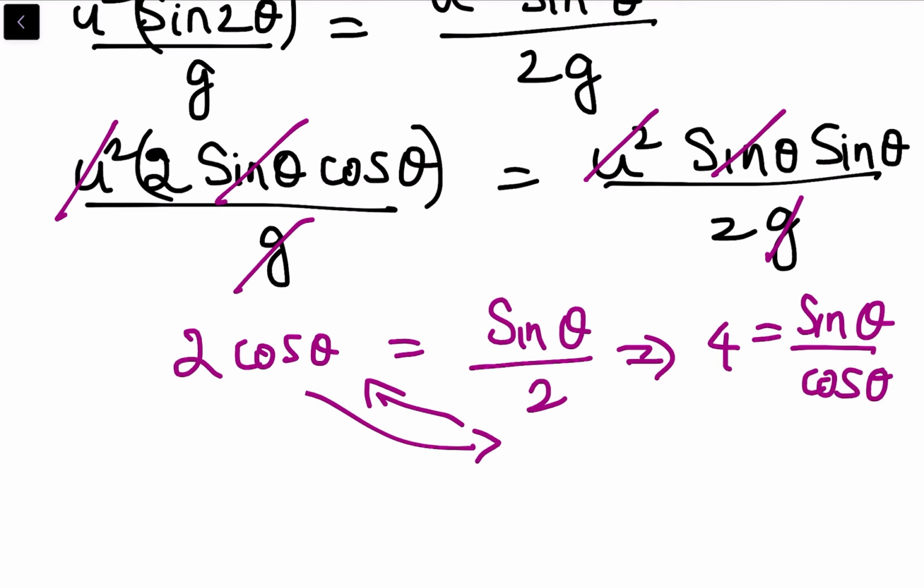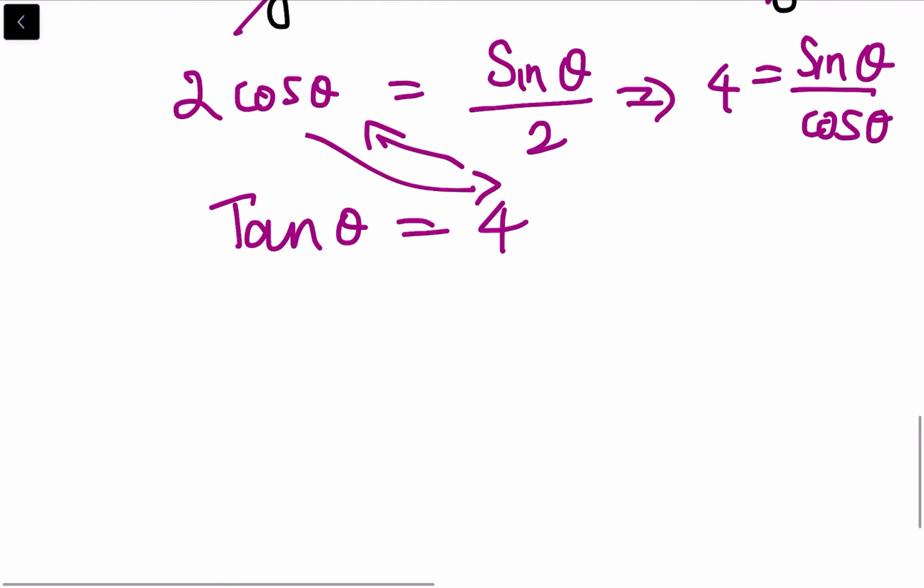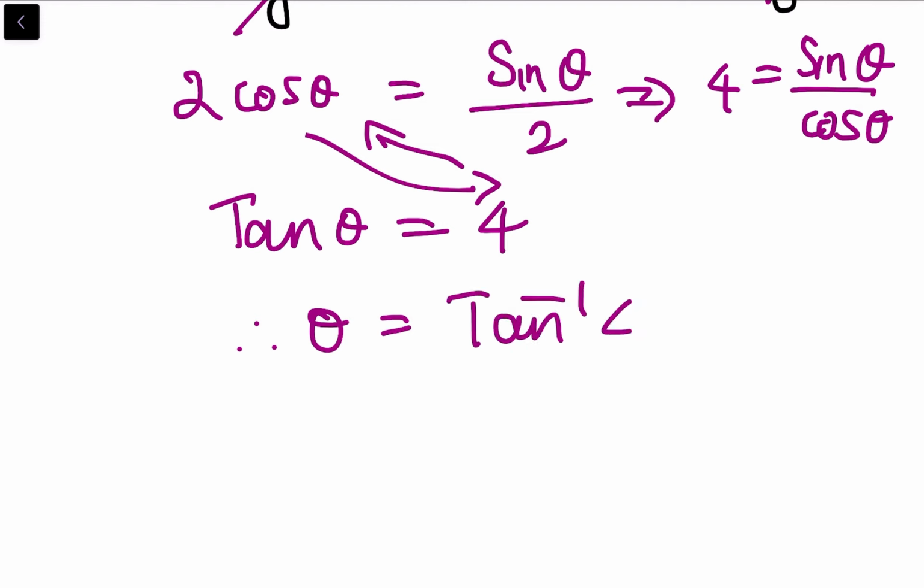But sine theta by cos theta is tan theta. Tan theta is equal to 4. Therefore, theta is equal to tan inverse 4.